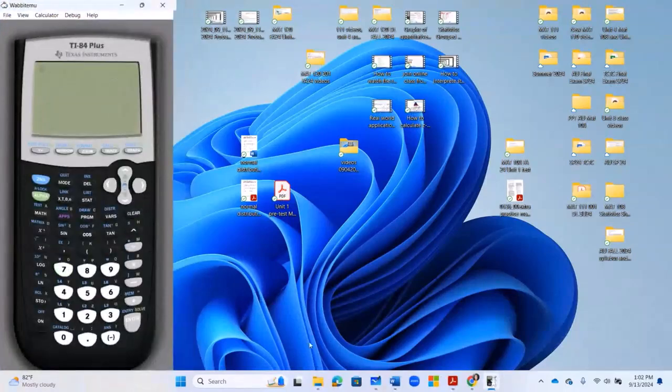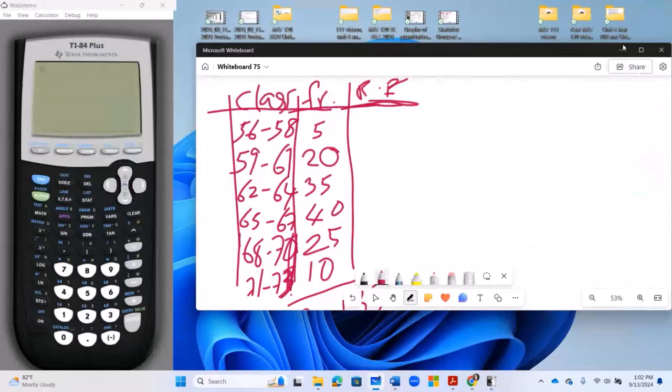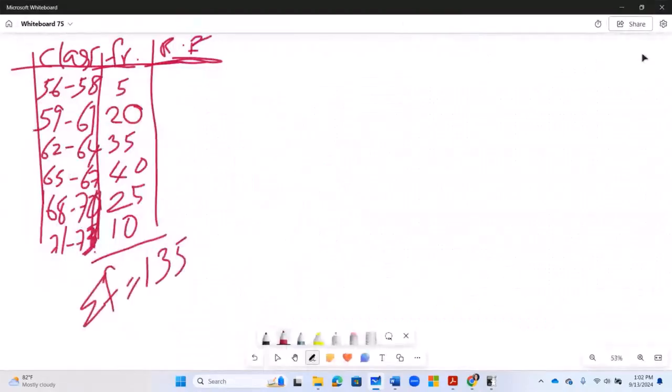My total frequency is 135. Now I want to find the relative frequency for each class. So the relative frequency for the first class is 5 divided by the total.